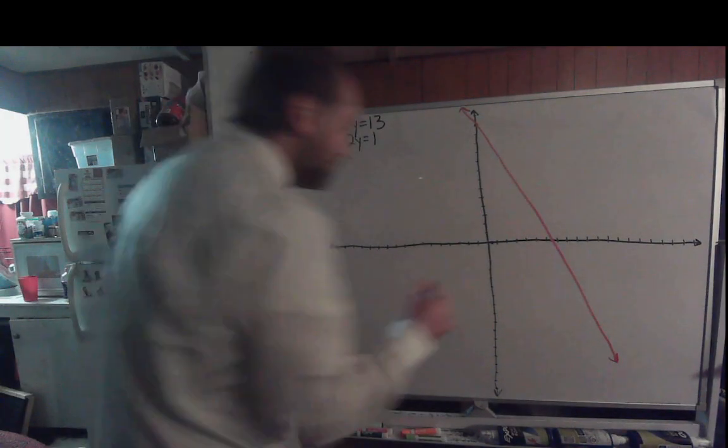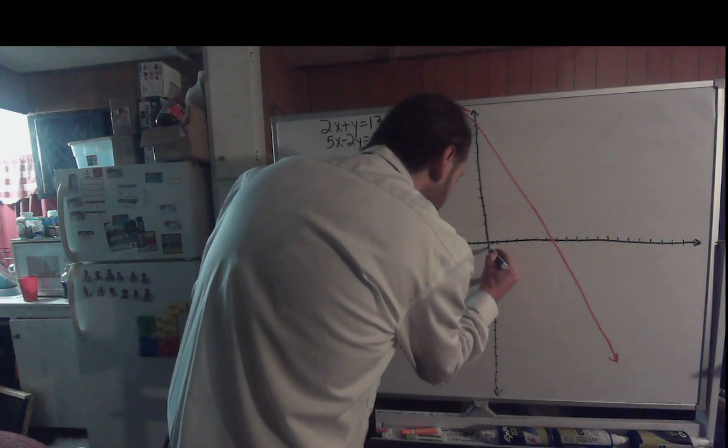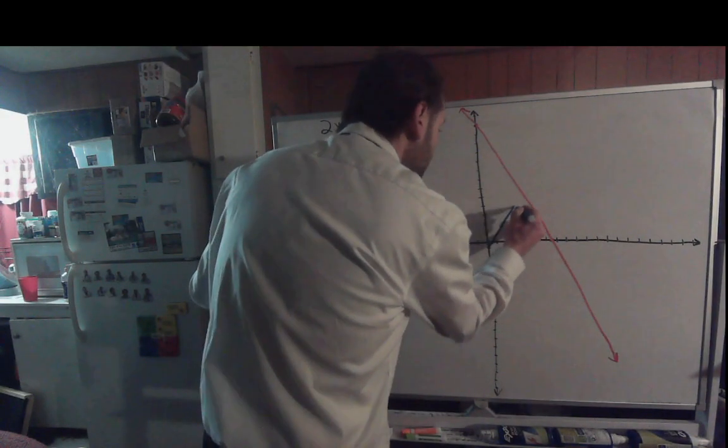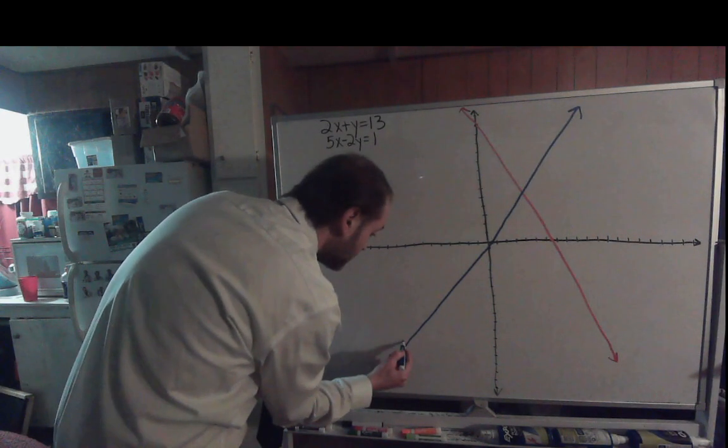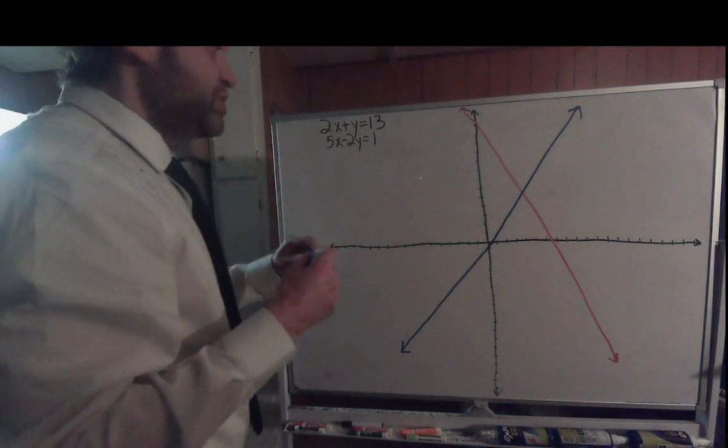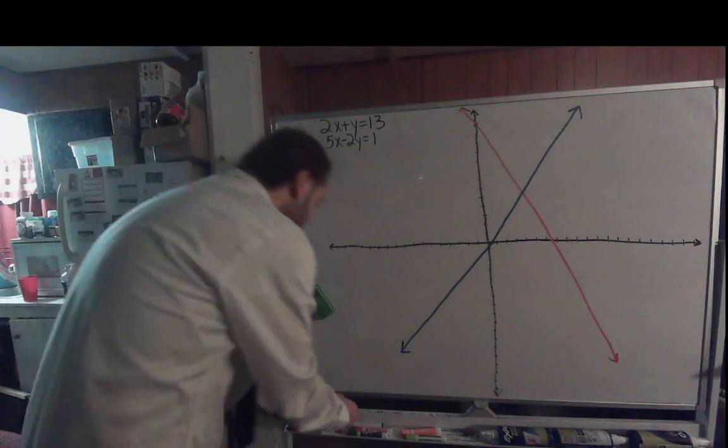So y would equal about negative 1/2. So we've plotted our x and y intercepts. Now let's draw the line through those points. And we have the 2 lines, and you can clearly see they intersect.